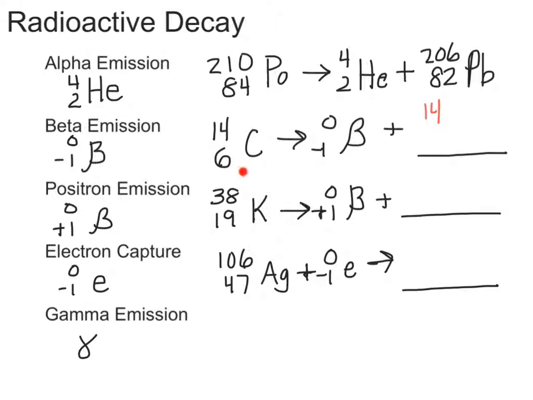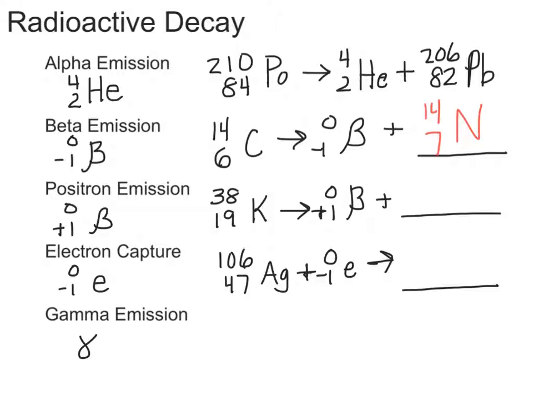On the reactant side, we started with a charge of 6, and on the product side, we already have a charge of -1. This means that we need to balance that out by having a charge of 7. If we look the atomic number 7 up on the periodic table, we know that that belongs to the element nitrogen. So when carbon-14 goes under radioactive decay, emitting a beta particle, we are left with nitrogen-14.